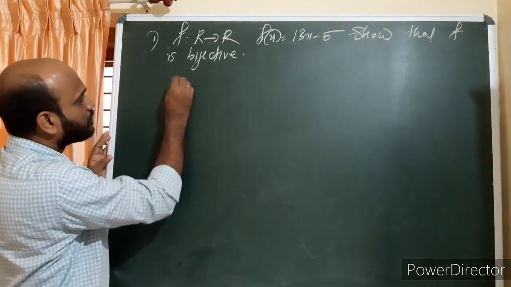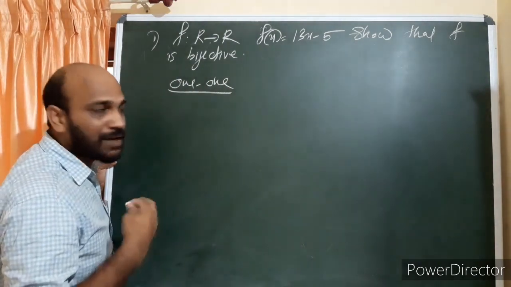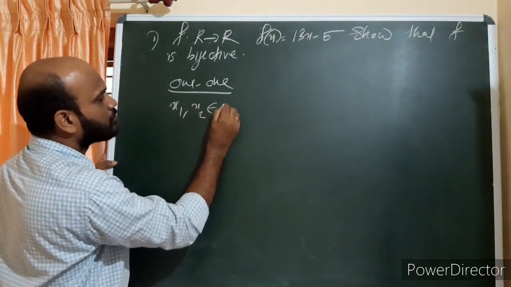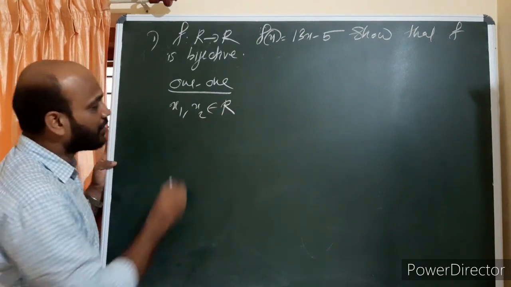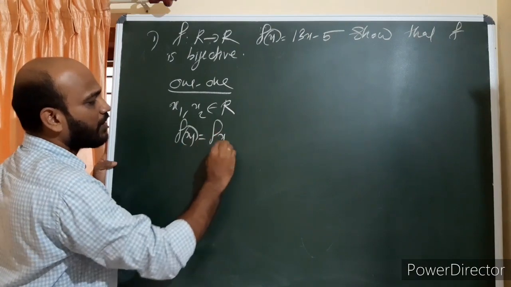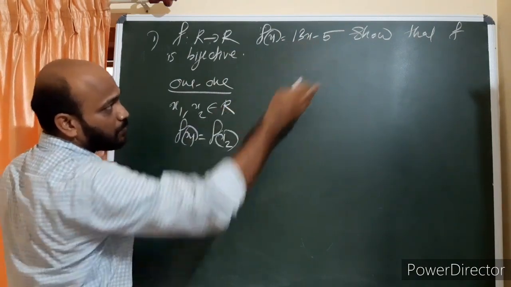So, one-one. We can prove one-one by the general method. Let x1, x2 belong to the domain, that is R, such that f(x1) = f(x2). f(x) = 13x - 5.